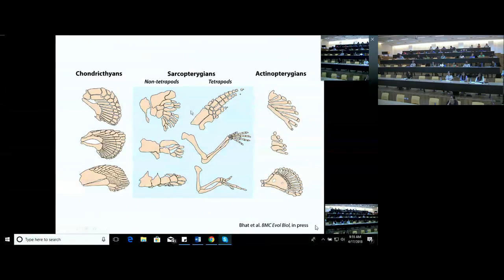In the case of the sarcopterygians, this is non-tetrapods like coelacanth, and here are tetrapods. This is a shark, this is a human, this is a chicken. You have increasing numbers of elements as you move away from the body. Okay, you don't have just a kind of plate and lots of elements, but you have an increase.